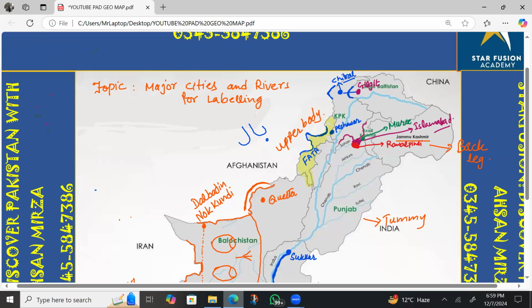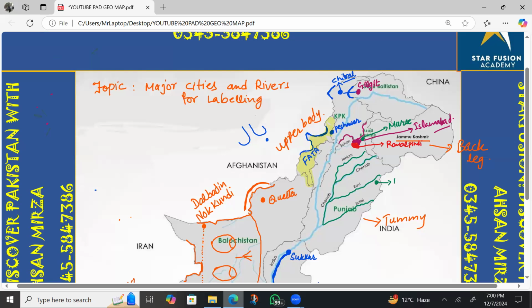Now we'll move towards the other areas. You must have knowledge of rivers before going into the detail of other cities. Many cities of Punjab are located in between these four rivers. The first main city is located at the edge of river Ravi.